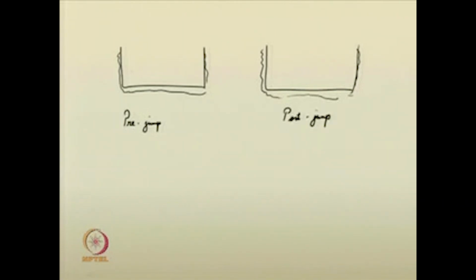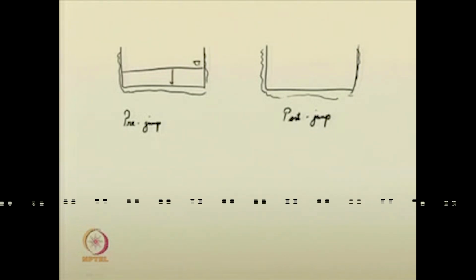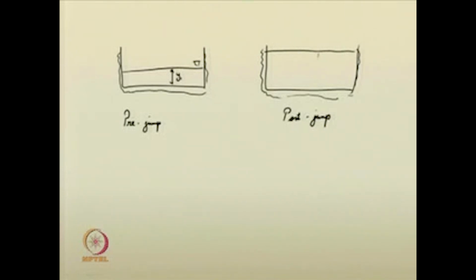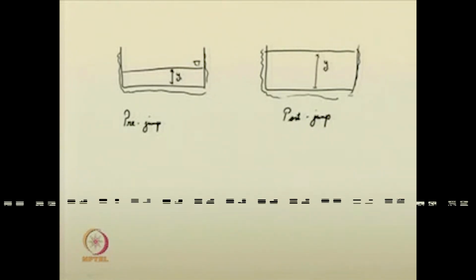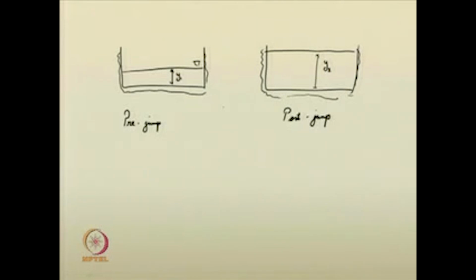So, a jump means a rise in water. Here let us assume that the depth of water is y 1. Here let us assume that the depth of water is y 2, y 2 greater than y 1. We have to analyze the characteristics now for the rectangular channel. So, what are the properties?